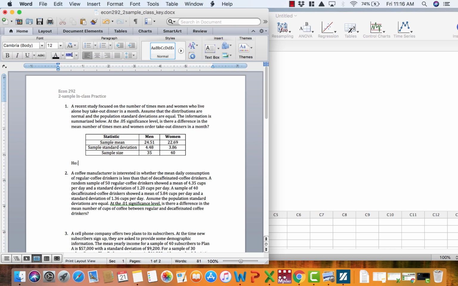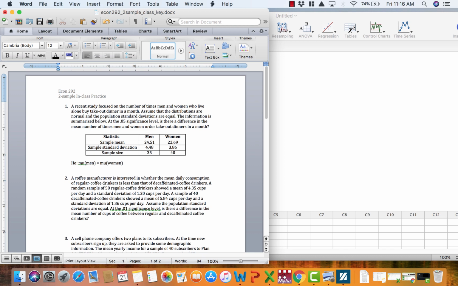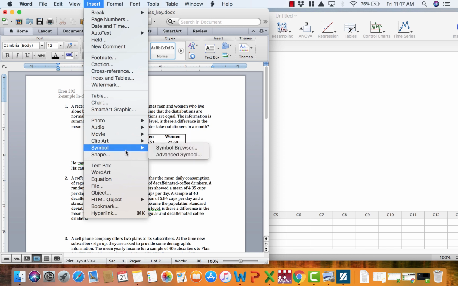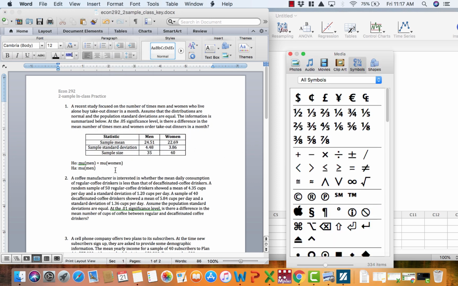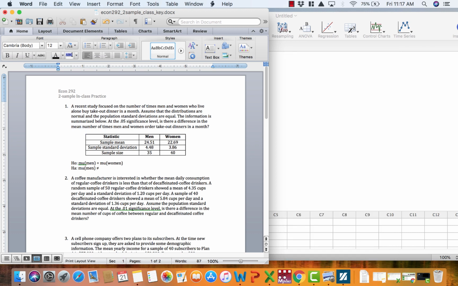So we're going to have mu men equal to mu women versus an alternative that says mu men, and we're going to have to insert our symbol here for not equal, there we go, not equal to mu women. All right, so there's our hypothesis test. It's a two-tailed test.